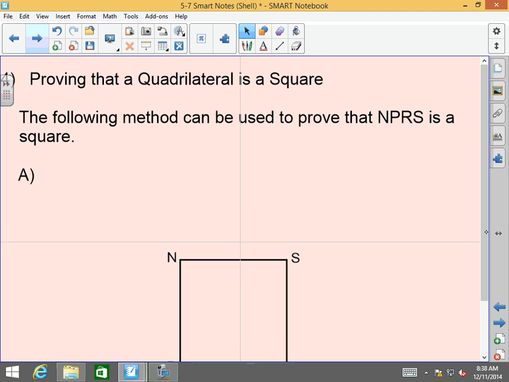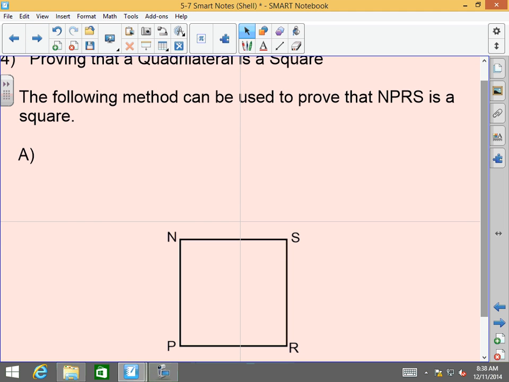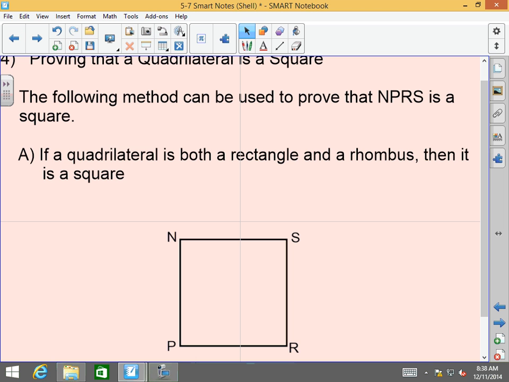Proving that a quadrilateral is a square. You can prove that a quadrilateral is a square if it is both a rectangle and a rhombus. So what does that mean? It's a rectangle, so that means it's a parallelogram that has all equal angles, which are 90, plus diagonals that are congruent.